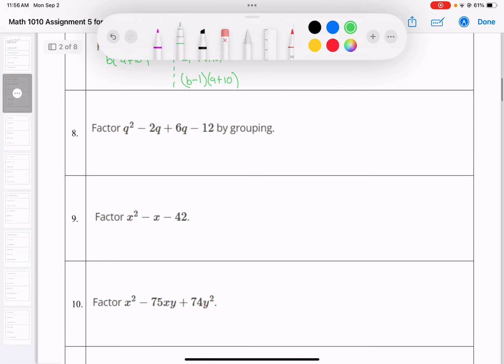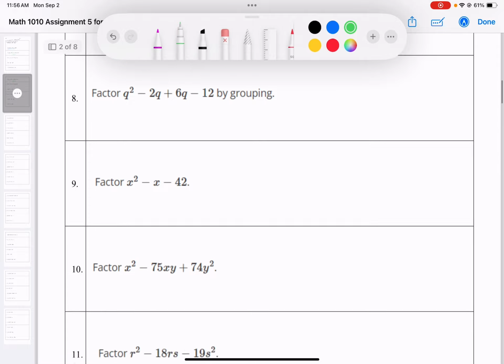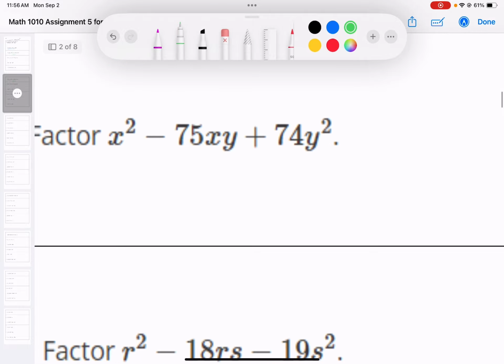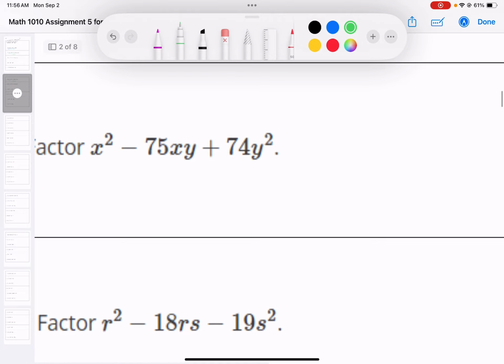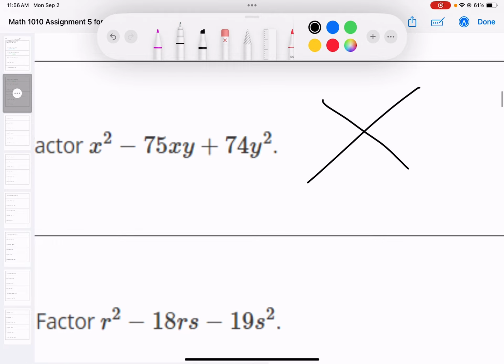Okay. I don't think we did any with 2 variables, so this one will be a good one. This is a quadratic. I'm going to treat it the exact same way. This is 74, negative 75. So that's going to be 75 and negative. Oops, nope, that's wrong.